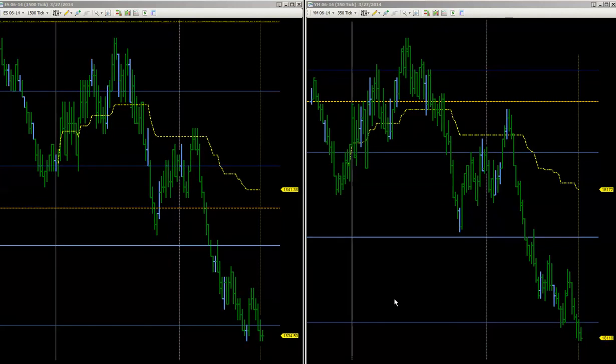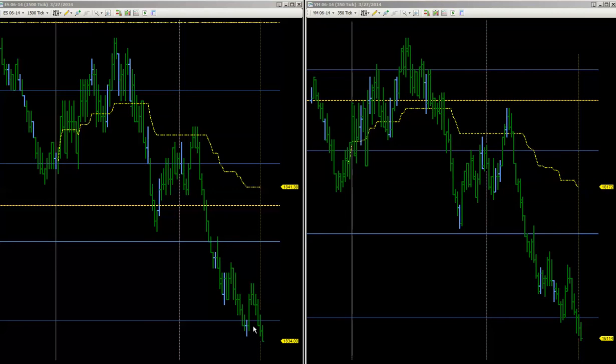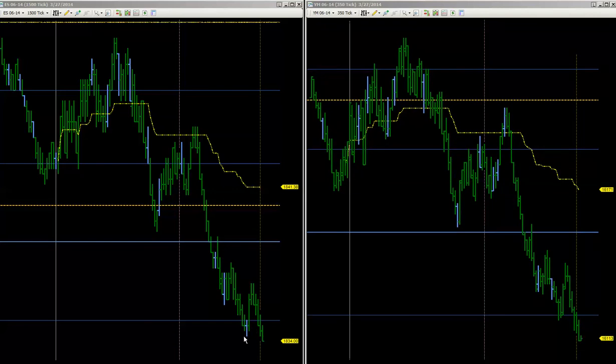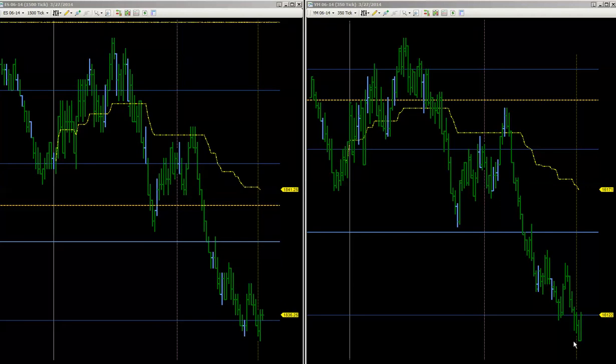Okay, we've had the 15-minute mark come in on the ES and the YM. Let's see if we get some continuation from this downtrend, which looks like we might be getting, or if we have a reversal and start moving back to the upside. What I'm doing is I'm waiting to see if we have any high interest to come in.